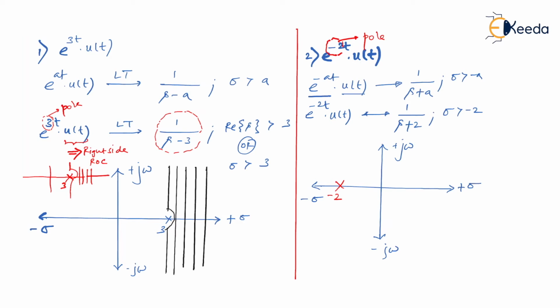Now, with only one pole, the ROC can be to the left side of the given pole, or the ROC can be towards the right with respect to the given pole. Now it depends upon whether the function is multiplied with u of t or with u of minus t. Since it is multiplied with u of t, the ROC will be taken on the right hand side. And in fact, we have already solved for the ROC. It says sigma greater than minus 2 is the region of convergence. Let us show the ROC.